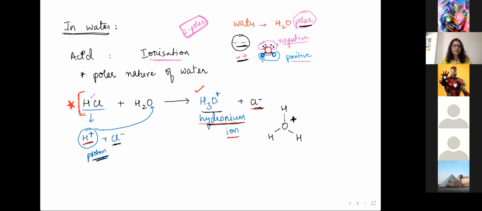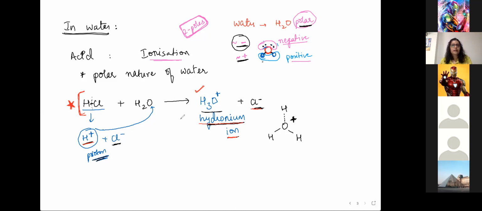Because you have HCl, originally it's a normal covalent compound. Something needs to break the bond, right? The polarity of water is able to get the hydrogen away and make it attached to itself and ionize the acid. So yes, because of the polarity of water, acids are able to ionize. Okay. Thank you.